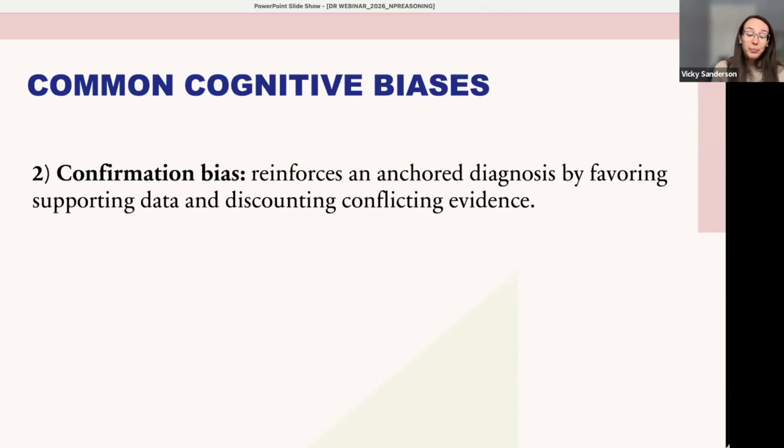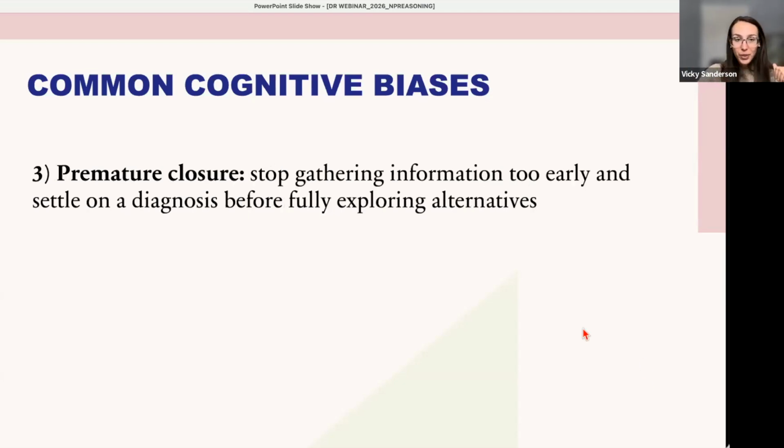So in that urinary example, even though the C&S was negative, I kind of discounted it a bit and I favored other supporting data, like her mom had a history of frequent urinary tract infections and she had a UTI a year ago. But because this patient kept coming back and her symptoms weren't getting better, I eventually consulted a specialist and they said, hey, have you thought of stones? And that's just something I completely didn't think of because I was anchoring onto that initial diagnosis.